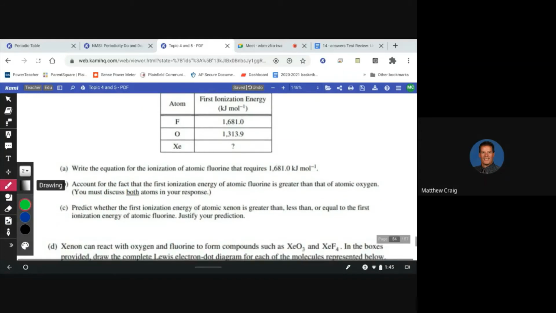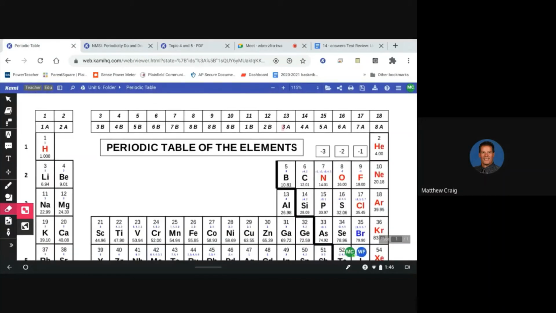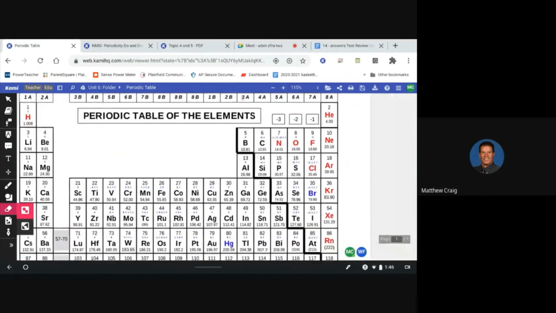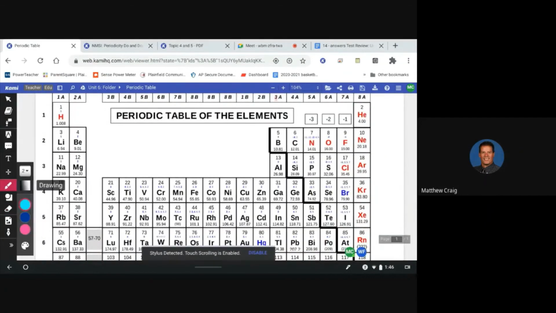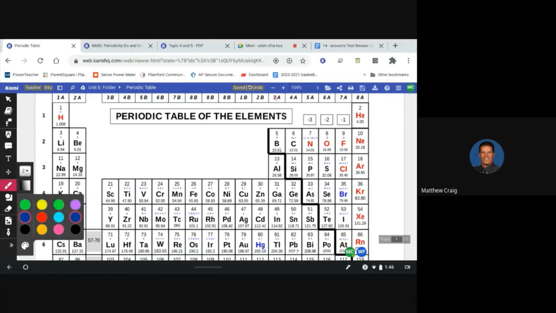C. Predict whether the first ionization energy of atomic xenon is greater than, less than, or equal to the first ionization energy of fluorine. Let's pop a periodic table up here, just in case. So the first ionization energy, oh, really can't see that. Go red.